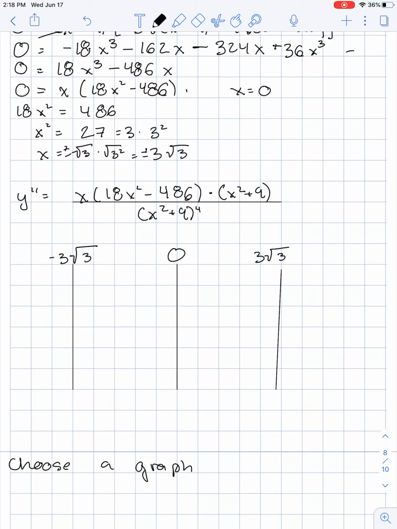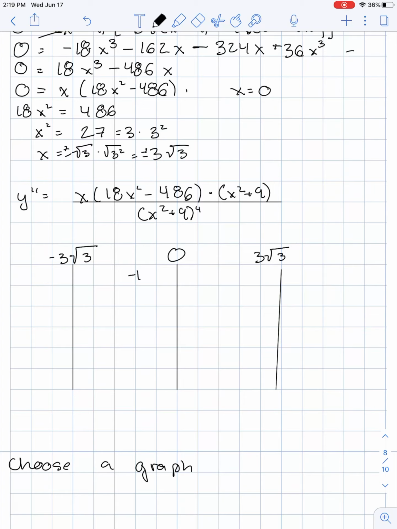So remember that 3 root 3 squared is going to be 27. That's going to help you when we're plugging in. All right, so we're going to plug in. Square root of 3 is greater than 1, so it's actually like 5.19.